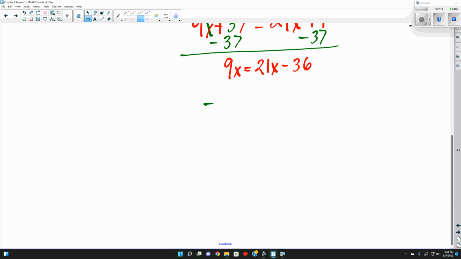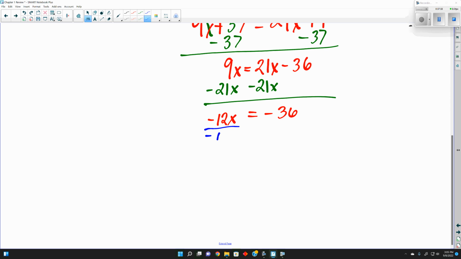Then what can we do next? Minus 21x. Now that will leave us with negative 36 on the right-hand side. The other side is going to be negative 12x. Now at this point here, we can divide both sides by negative 12.